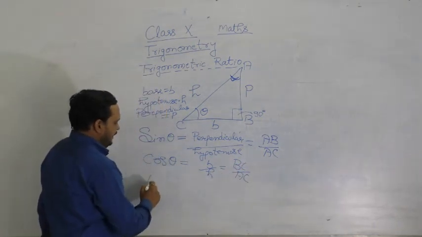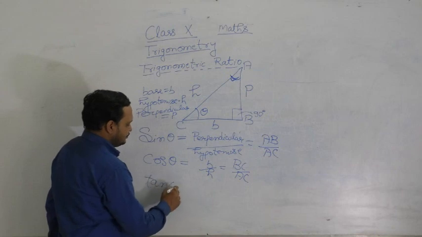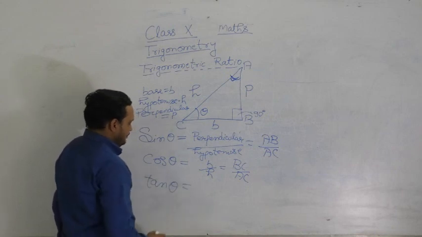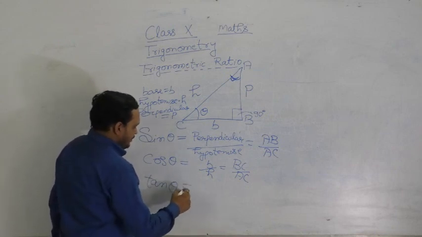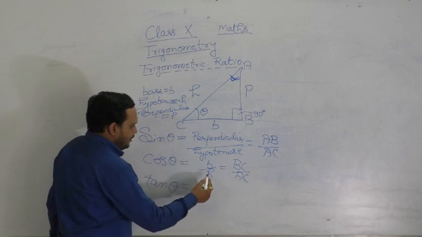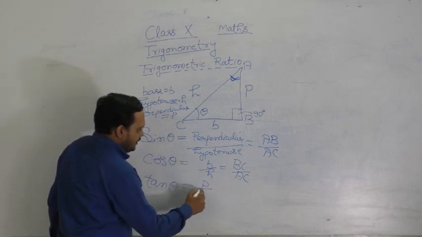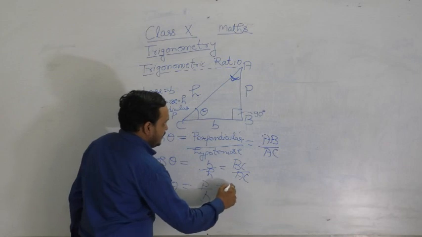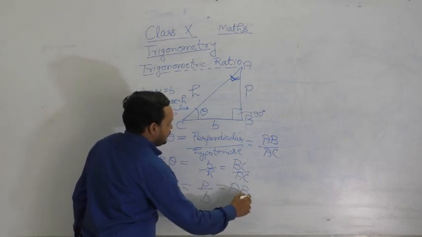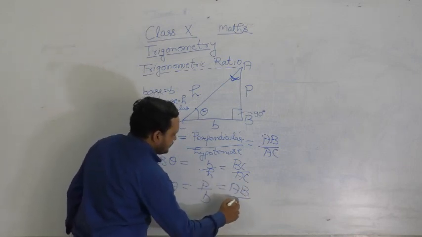Now come to the third, tan theta. Tan theta is the ratio between perpendicular and base, P by B, and in this case it is AB by BC.